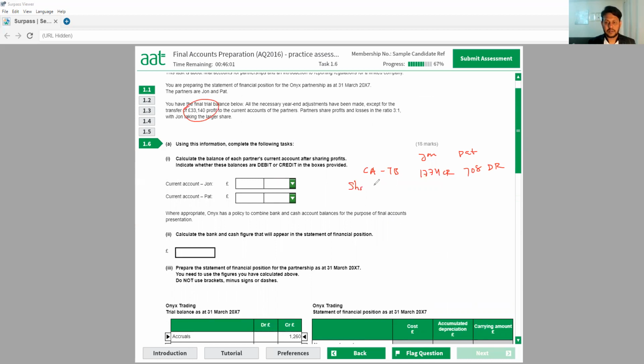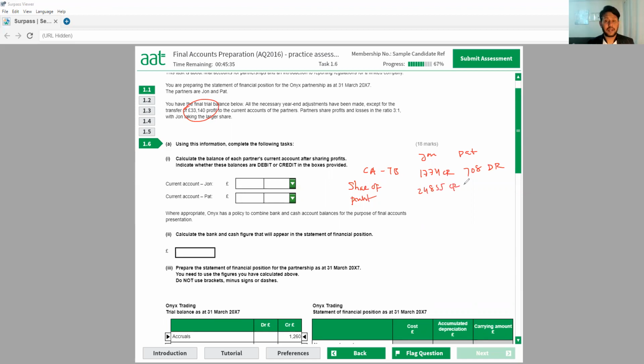Now I have to know the share of profit. 3:1. So the profit is 33,140. So John will get higher, so divide by 4 times by 3. So John will get 24,855 credit.